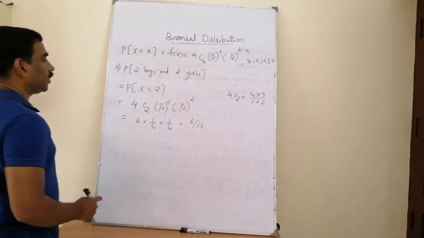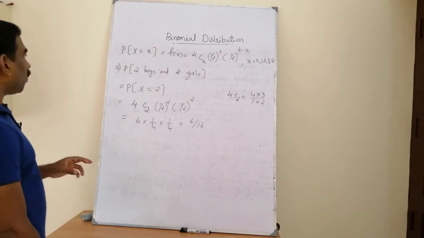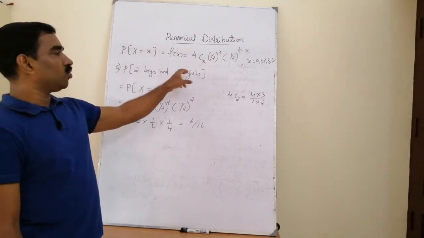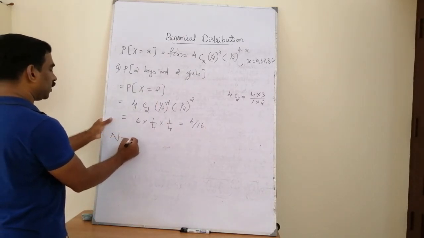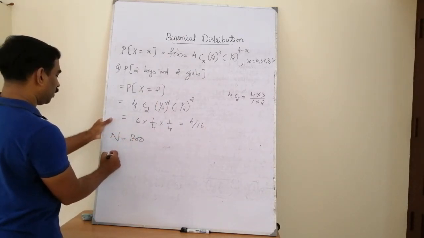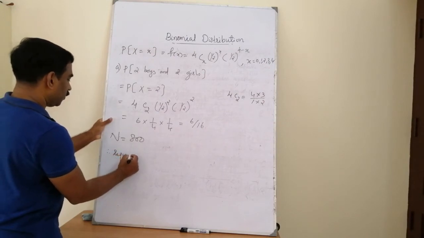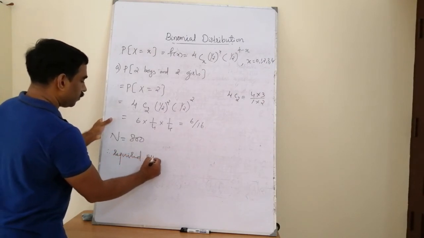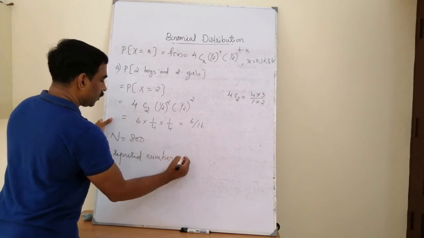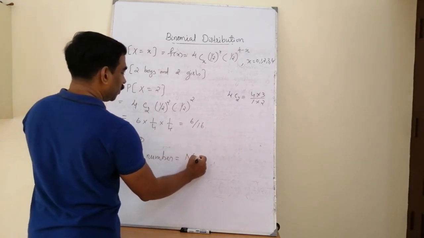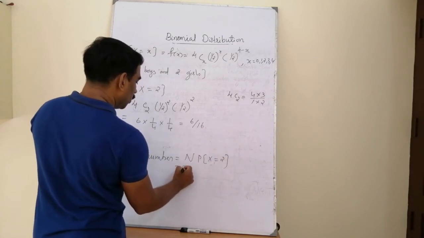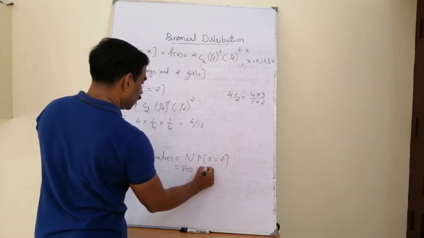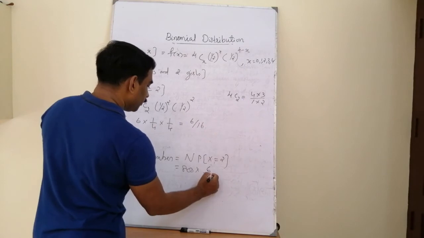by 16. Now we have to compute the number of families having 2 boys and 2 girls out of 800 such families. So we take this capital N as 800, therefore the required number is equal to N into the probability that the random variable takes the value 2, which is 800 into 6 by 16.